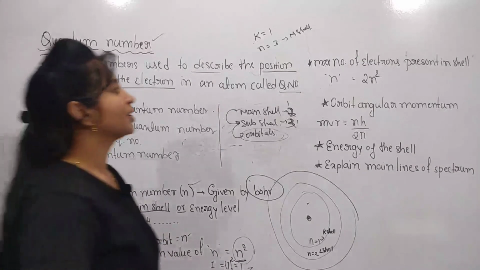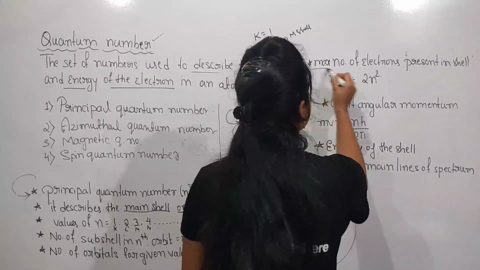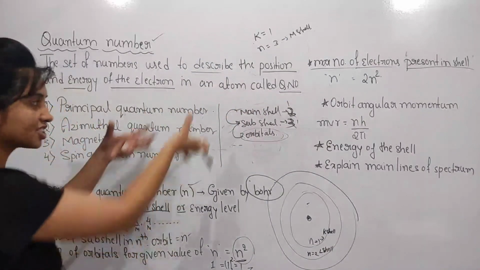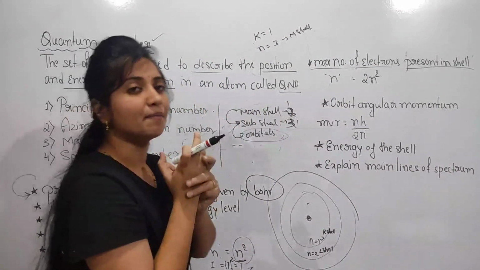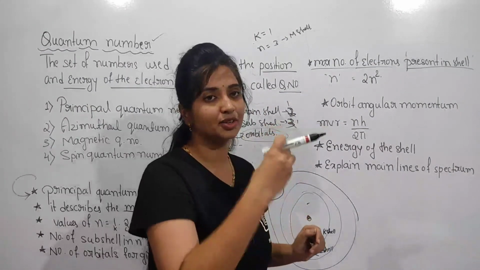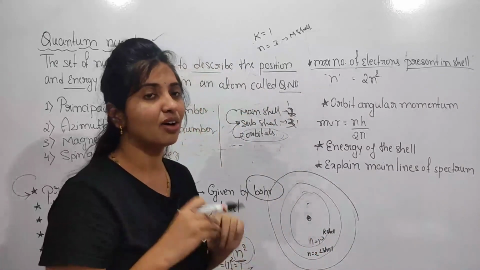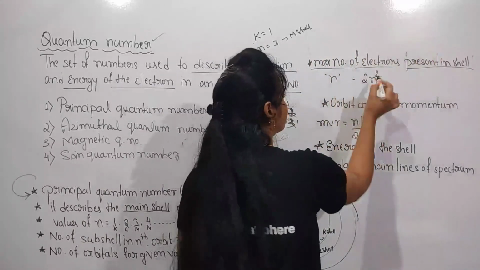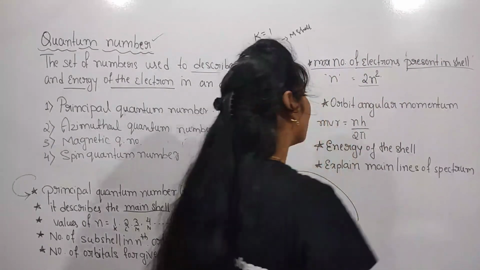So the next point is the maximum number of electrons present in the shell. We have the shell. How many electrons are present in that shell? The maximum number of electrons present in that shell is equal to 2n square.